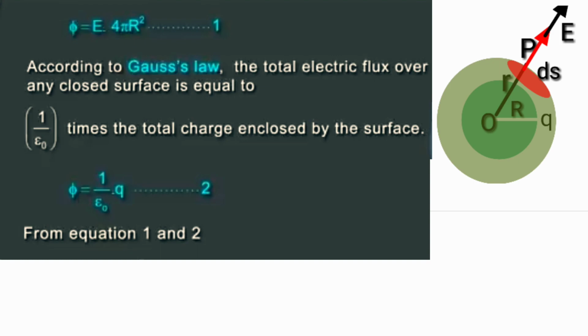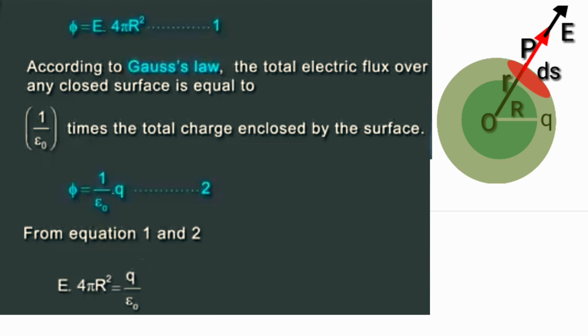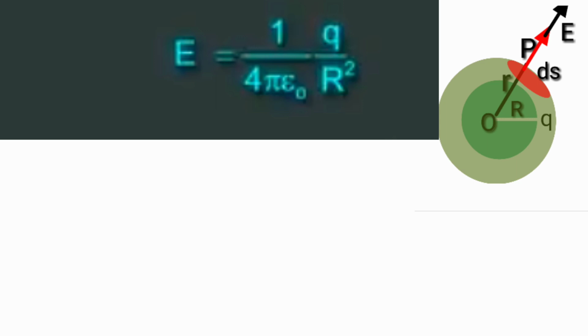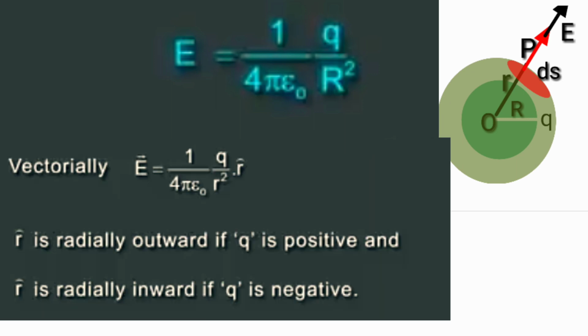From the first and second equations, we get E times 4 pi r squared equals Q by epsilon naught. So E equals 1 by 4 pi epsilon naught times Q by r squared. Writing this vectorially, E vector equals 1 by 4 pi epsilon naught Q by r squared times r cap.